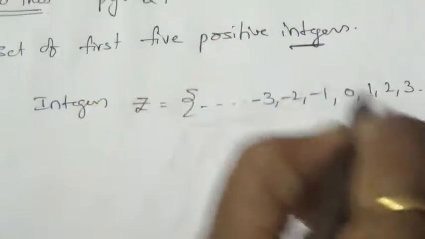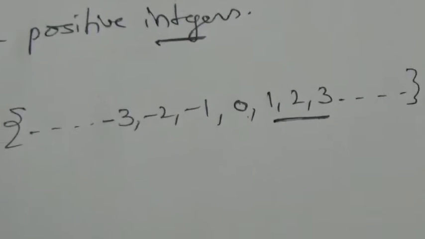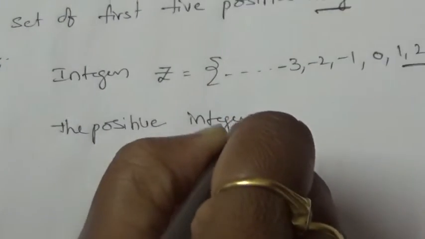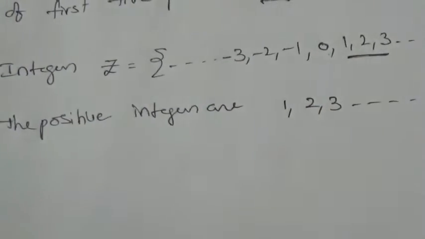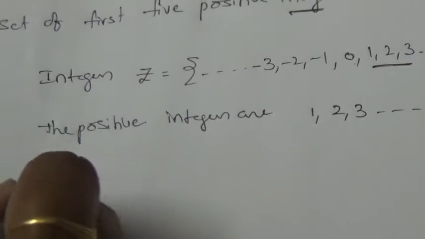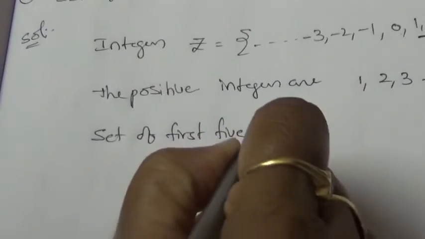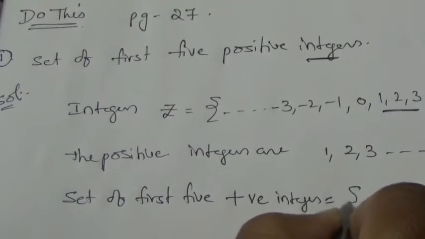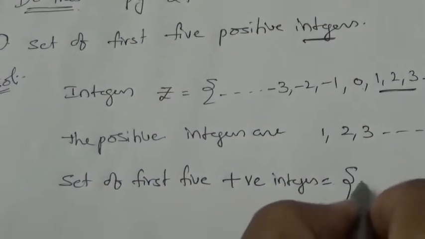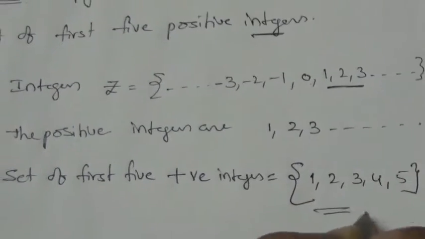In that we have to take only positive numbers. The positive integers are 1, 2, 3 and so on. So the set of first 5 positive integers is equal to the set of 1, 2, 3, 4, 5. That's it. It is the solution.